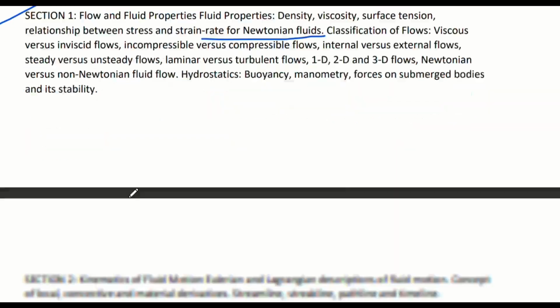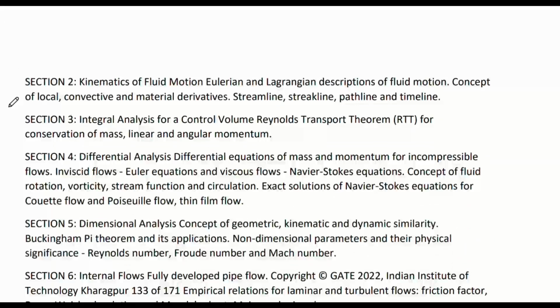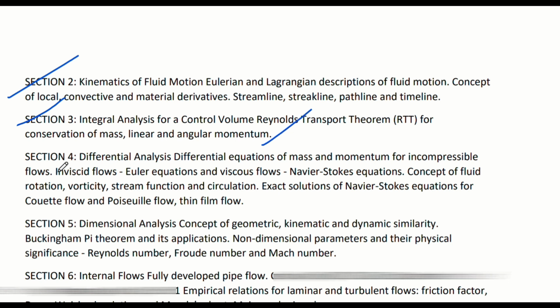Section 2, Kinematics of fluid motion: Eulerian and Lagrangian descriptions of fluid motion, concept of local, convective and material derivatives, streamline, streakline, pathline and timeline. Section 3, Integral analysis for a control volume: Reynolds transport theorem (RTT) for conservation of mass, linear and angular momentum.